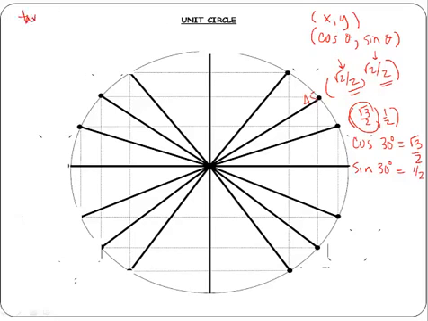Now, tangent is not in that coordinate, but tangent can be found by doing sine divided by cosine. So you're actually going to have to take your values and divide them. For example, if I was asking for the tangent of 30 degrees, I would take my sine answer, which is 1/2, and then divide it by my cosine answer, which is square root of 3 over 2.